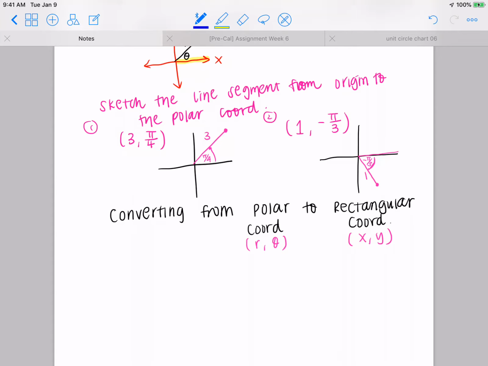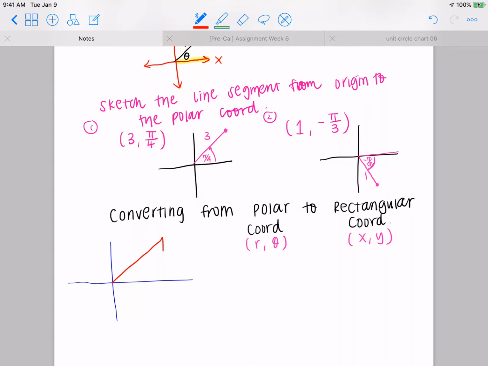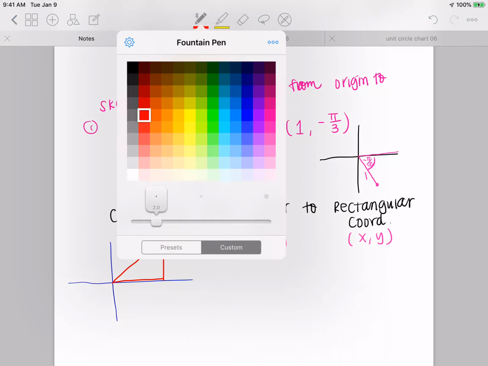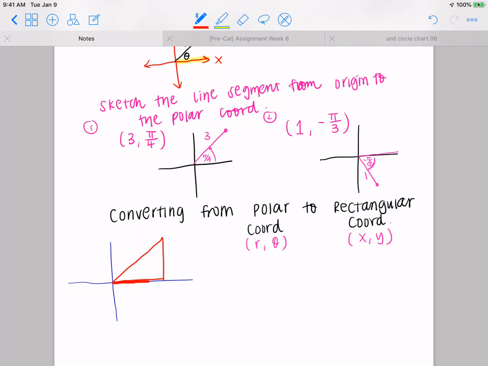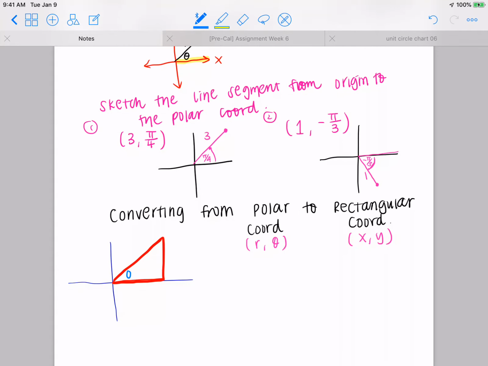Let me do a little explanation using letters first. Let's pretend we have a right triangle right here, and we have our theta in here. What does the bottom length represent?